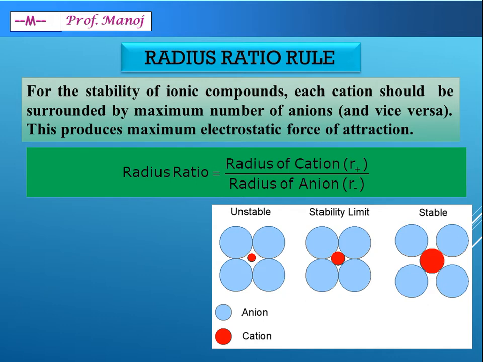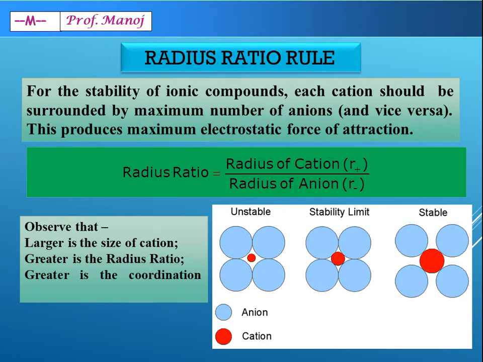Why is it said that the last diagram is more stable? The reason is very simple. You are keeping all the negatively charged anions away from each other. That makes the system most stable. You can understand why the first system is unstable, because 4 negatively charged anions are almost touching each other, which is not accepted. So from the radius ratio rule, we observe that the larger the size of the cation, the greater is the radius ratio, and the greater is its coordination number.